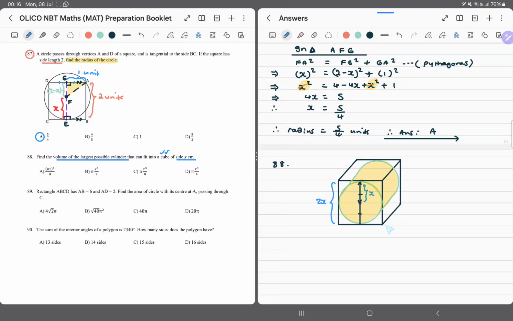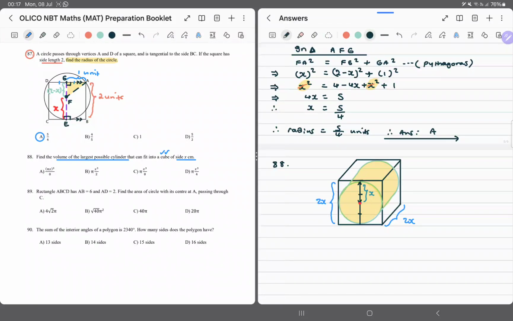And that also means this dimension is also 2x, because this is a cube. And that would be effectively the height of our circular prism. What were we supposed to find? A cylinder. Yes, circular prism or cylinder. So basically this is what we've got, guys.